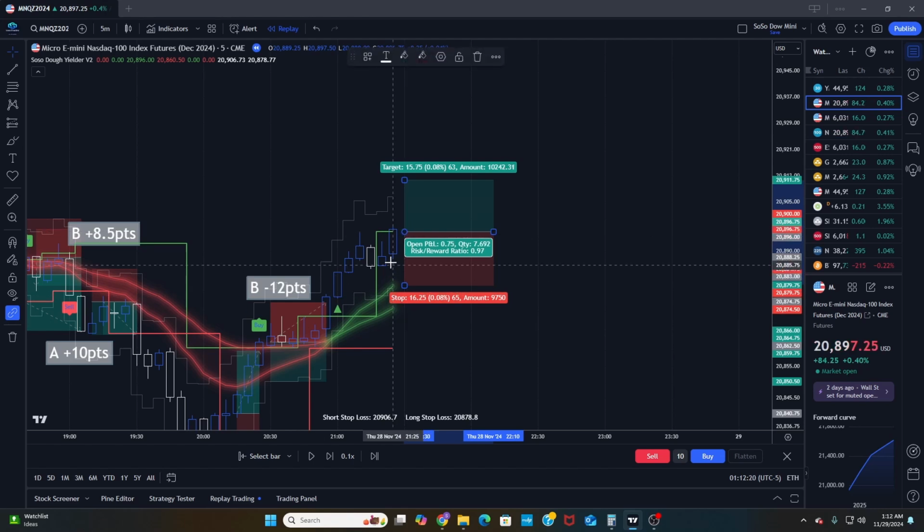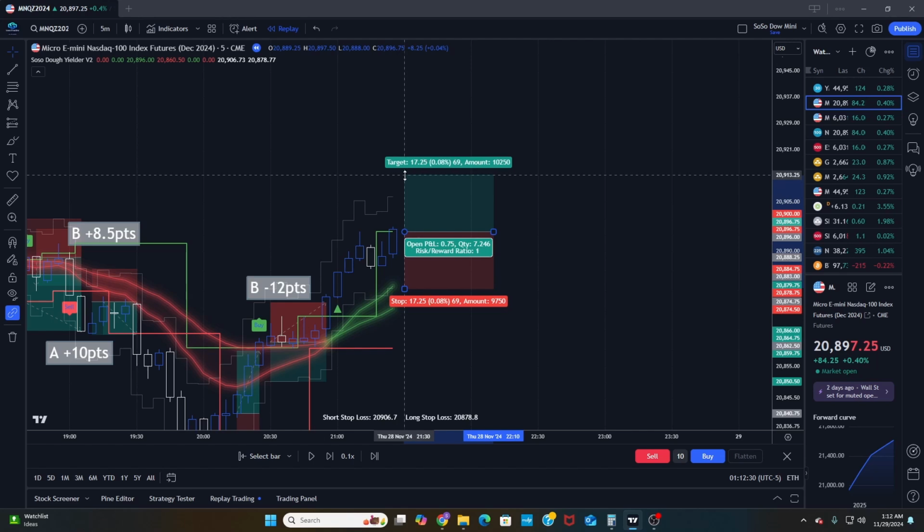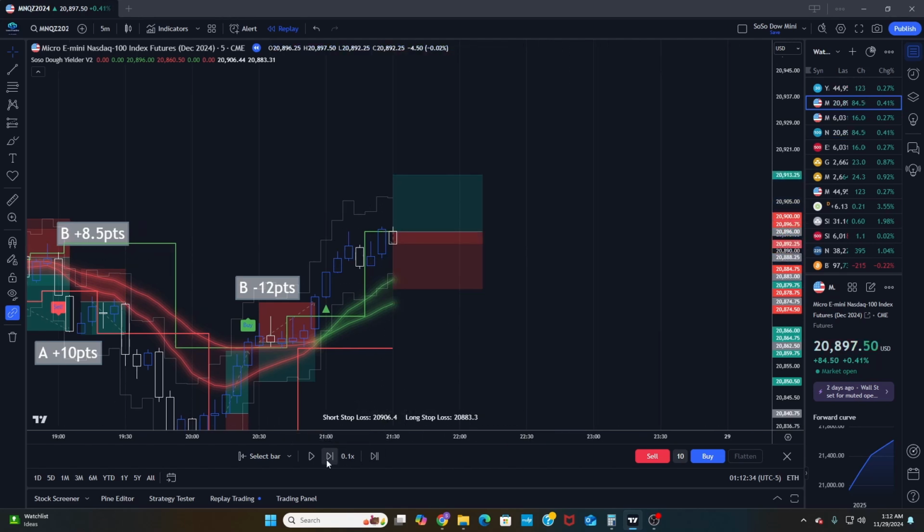This is the candle that broke it, so we're going to go here with the stop loss, which is 17.25 points. See if we get a retest. All right, so we got entered the trade, the next candle.